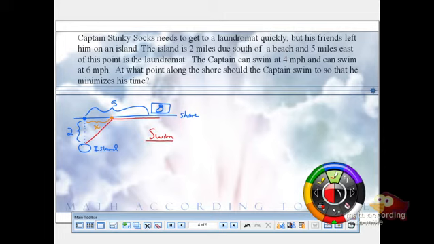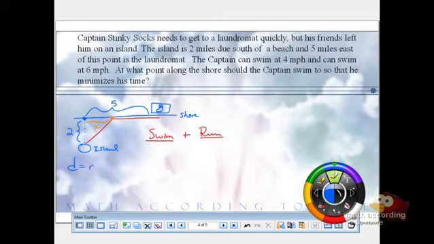Of the 2, the swim is the harder one, so let's tackle that one first. Notice we're talking about distances, we're talking about rates, meaning how fast he's running, and we're trying to minimize time. If only there was a formula that related distance, rate, and time. Unless everyone teleported here today, you should all know the relationship between distance, rate, and time.